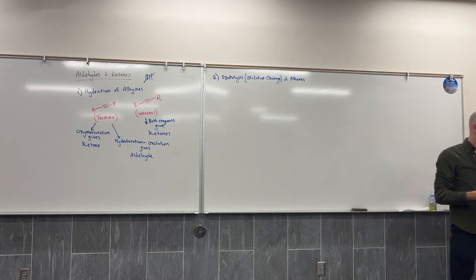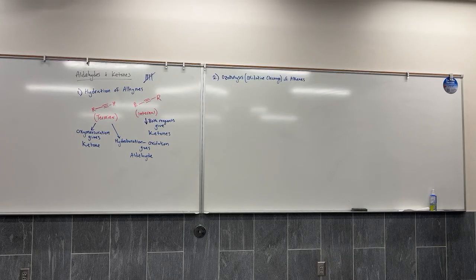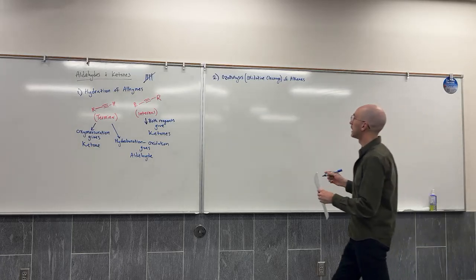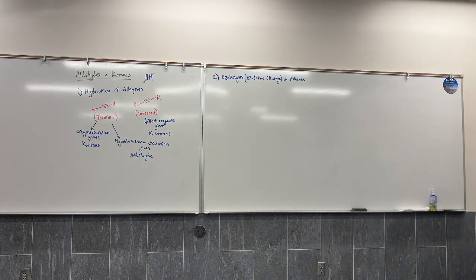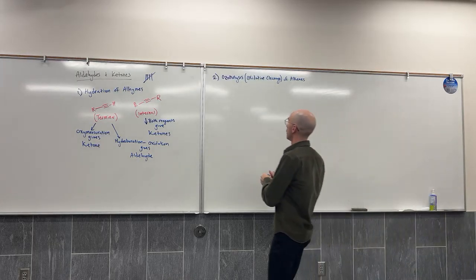The one that you see at 12 o'clock on your roadmap is ozonolysis or oxidative cleavage of alkenes. I want to point out the reducing agents. This is considered reductive ozonolysis.